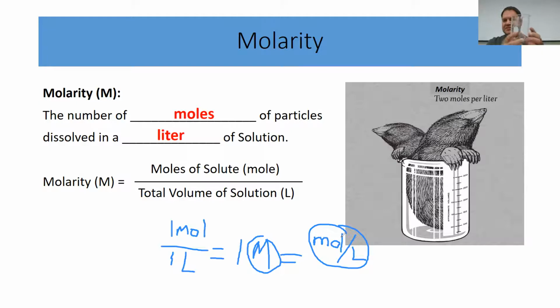So let's pretend that this is a 500 milliliter beaker. If we're going to use molarity, we need to convert this into liters. So this is really going to be 0.5 liters, half of a liter.